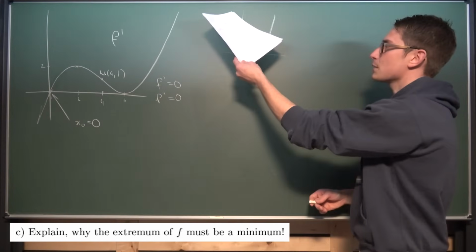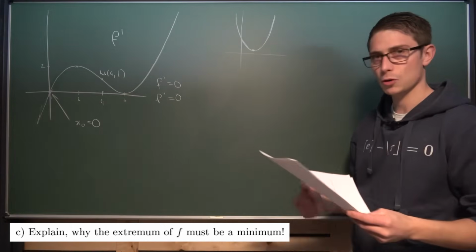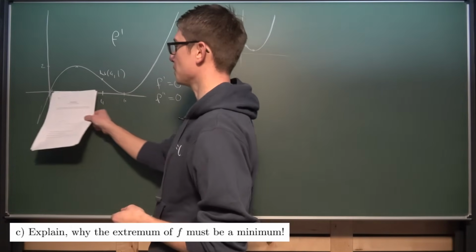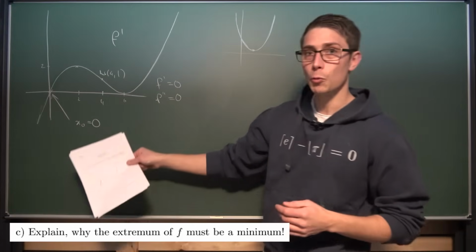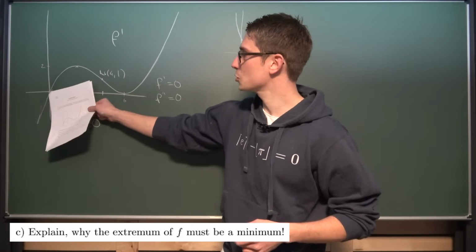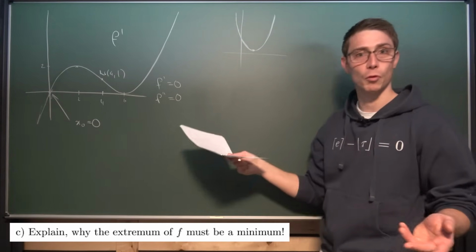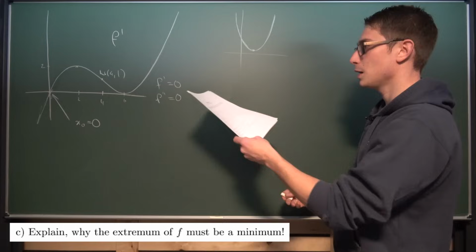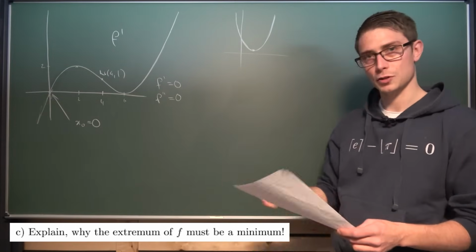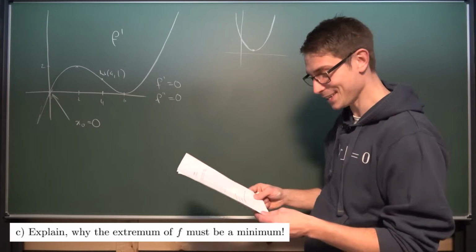Now, a decreasing function, or monotonically decreasing part of a function, always corresponds to negative y values on the derivative function. We are going to go in from the negative y values, and then we are going to go into the positives. This is exactly the condition for a minimum. And this is what students need to write out in a nice little sentence. And that's already it once again.